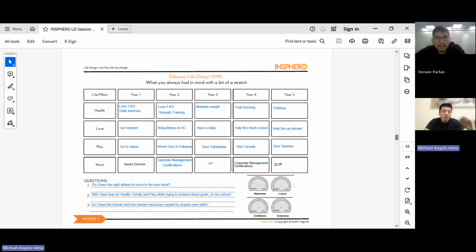This Odyssey life design aligns well with my ikigai because of what I want to achieve professionally from an executive leadership position. I love leading people, and I think I'm good at tactics and strategies that help resolve business issues. And in terms of what the world needs right now, primarily TP, I think they're looking for professionals that can help the company become efficient and profitable.